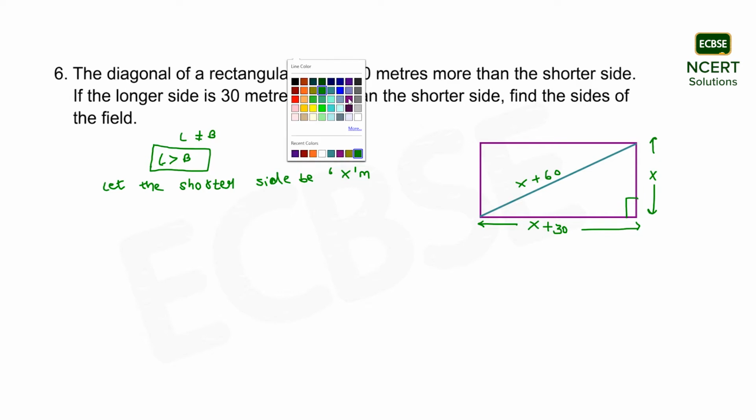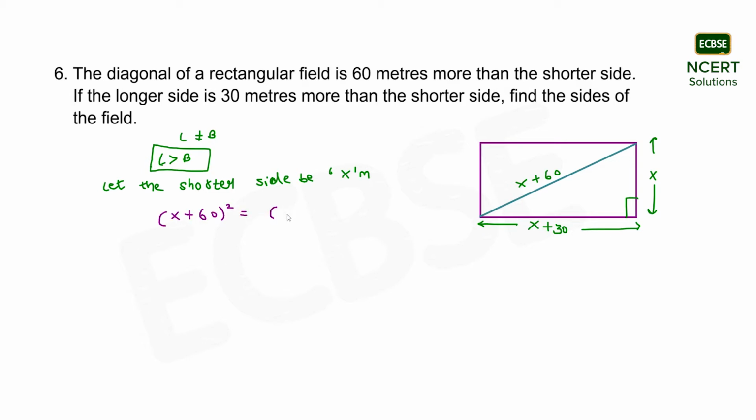The hypotenuse theorem says hypotenuse square, here the hypotenuse is the diagonal, that is x plus 60 square, is equal to base square, that is x plus 30 square, plus perpendicular square, and here the perpendicular is the breadth, which is x. So applying the theorem, (x + 60)^2 = (x + 30)^2 + x^2. On simplifying, I get x^2 + 120x + 3600 = x^2 + 60x + 900 + x^2.